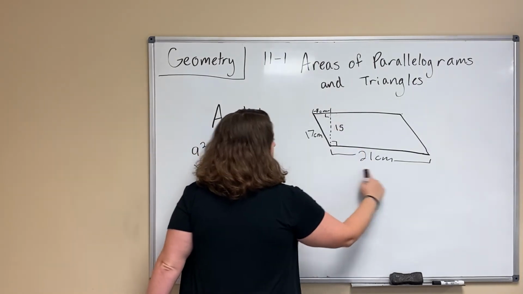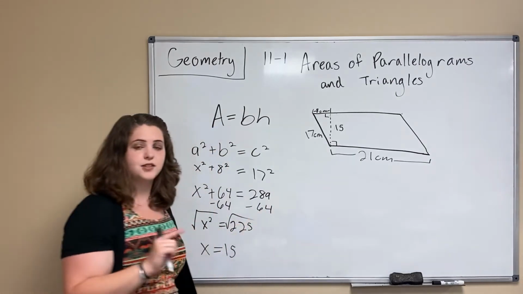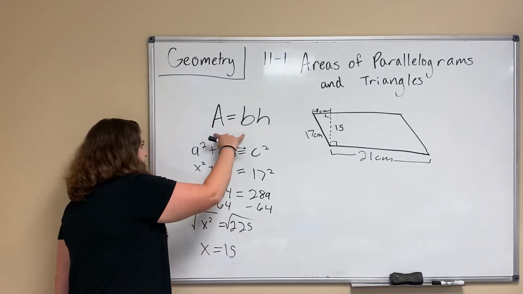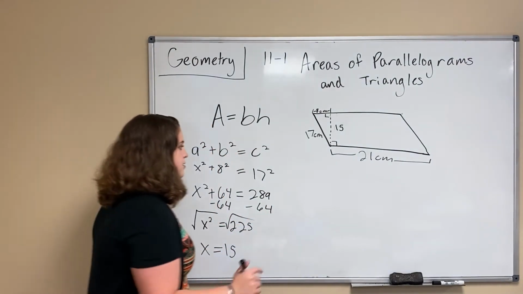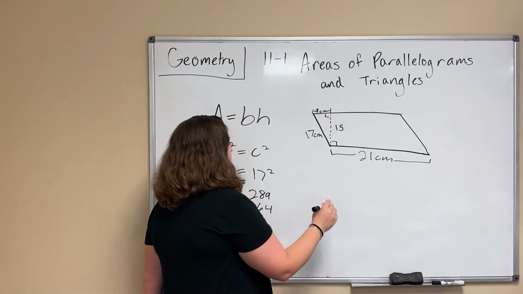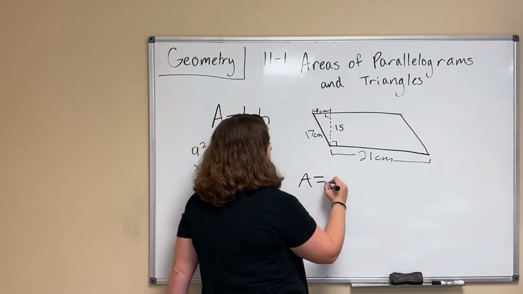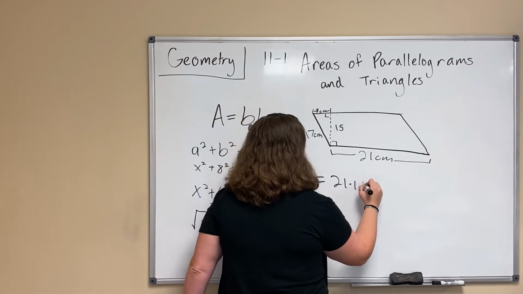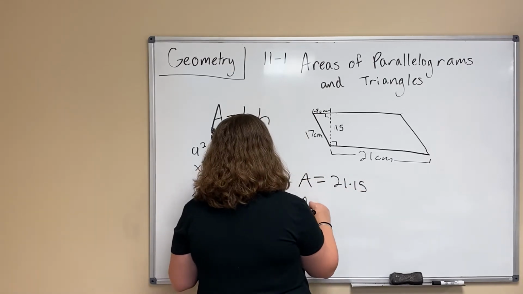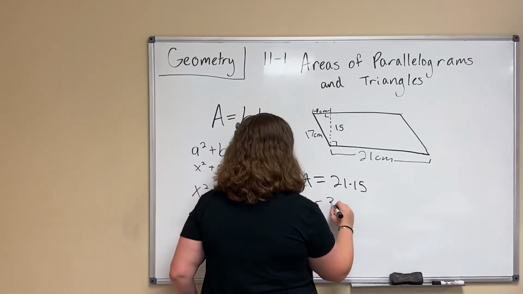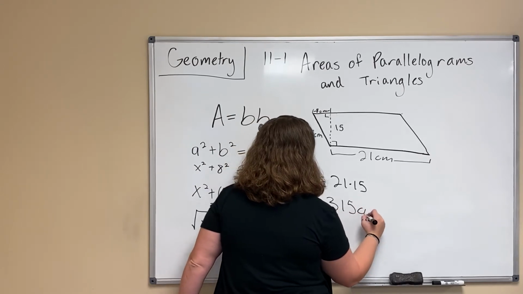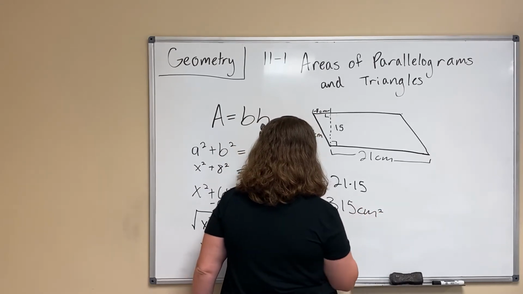So now I know my base is 21 and my height is 15. So I plug it back in to this to find the area. So area equals base times height. Area equals 21 times 15. Area equals 315 centimeters squared.